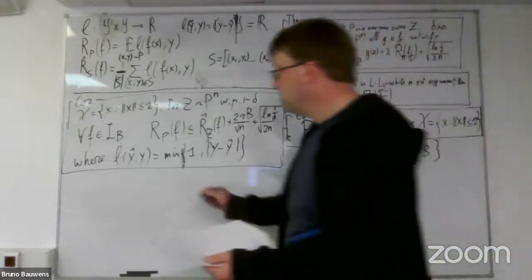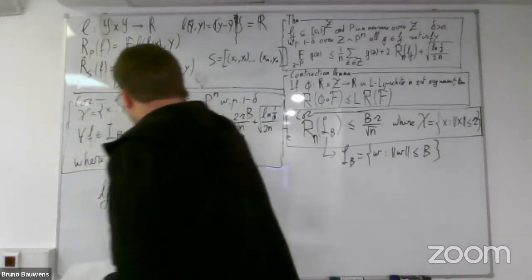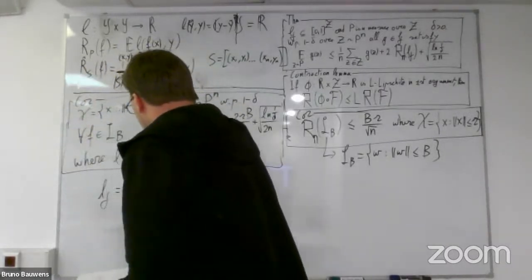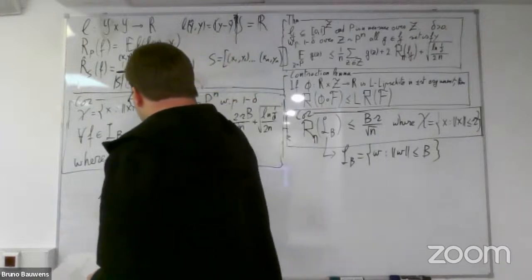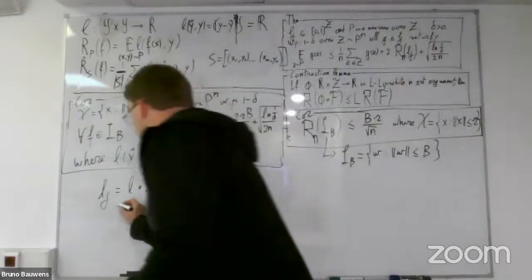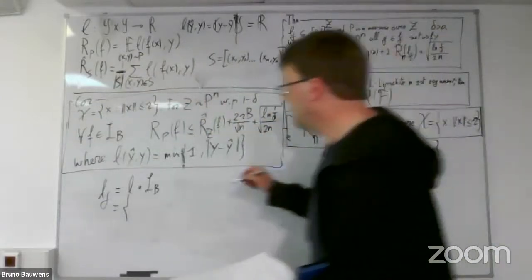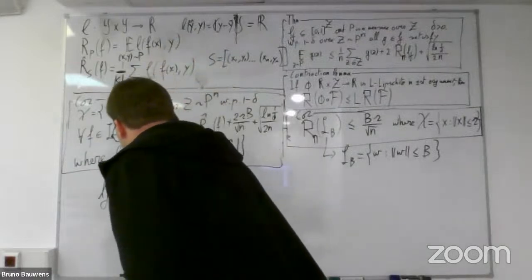So we will set G. G will be equal to the loss function applied to each function in LB. Let me just say it for clarity, because I know that many students complain about this. So what does it mean?